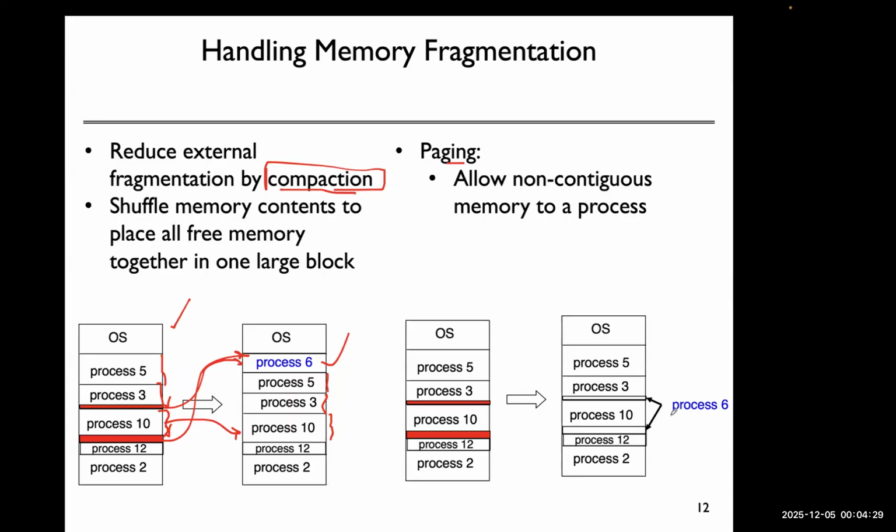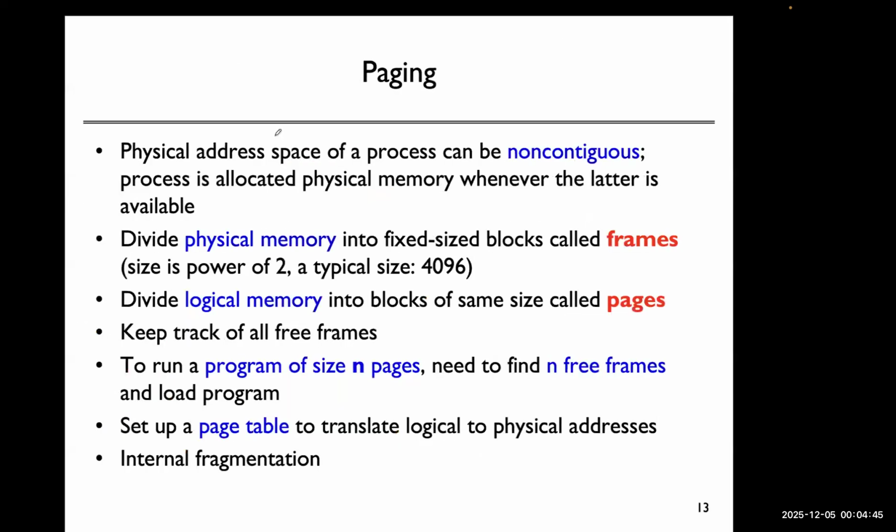That is just introducing you to the very abstract concept of paging. Paging is a much larger subject. So here is how paging works. We will have examples in upcoming slides, so it will become more clear to you. In paging, the physical address space of a process can be non-contiguous.